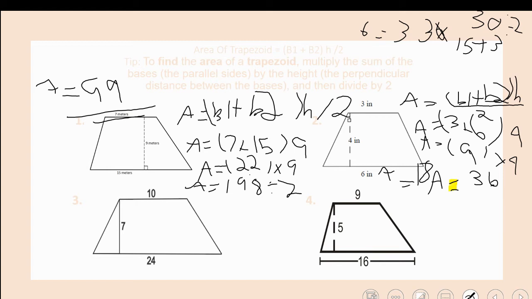So let's write out the formula. We're going to write it over here. Base 1 plus base 2.